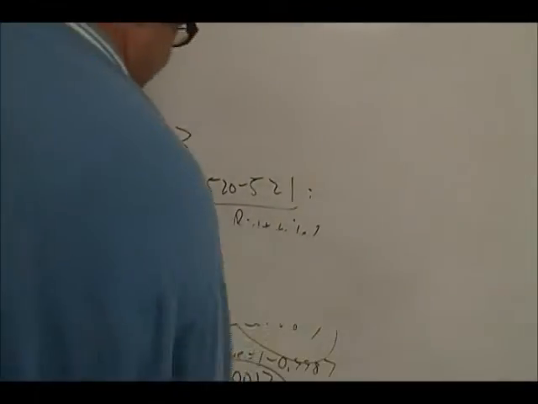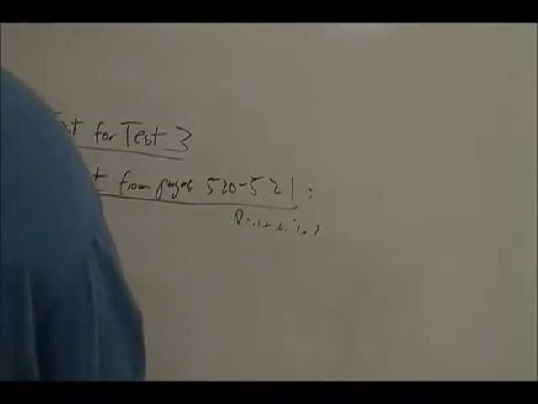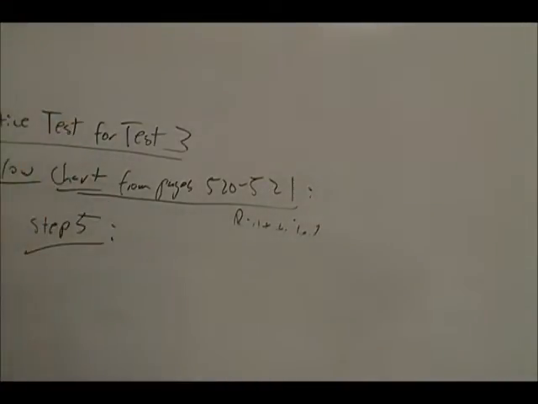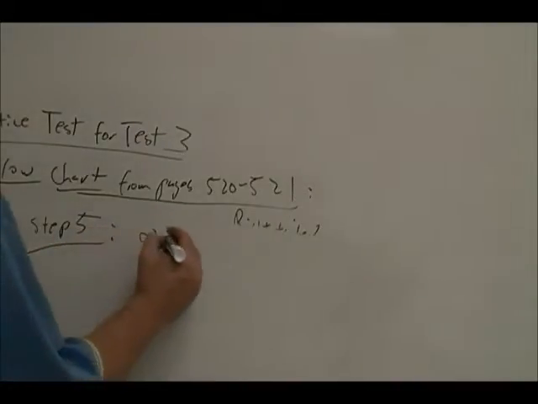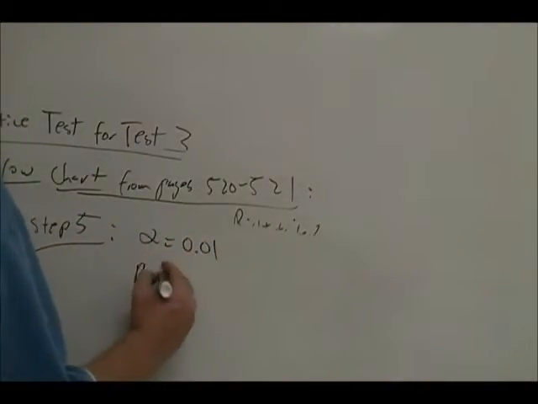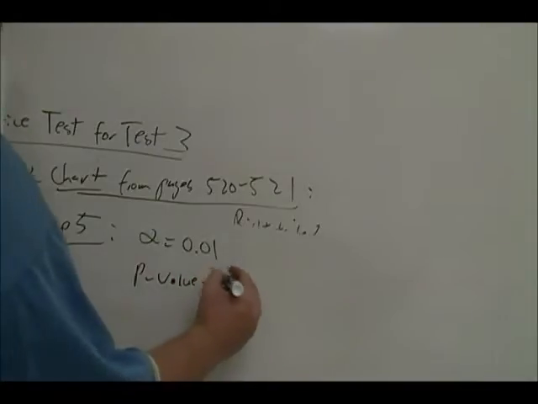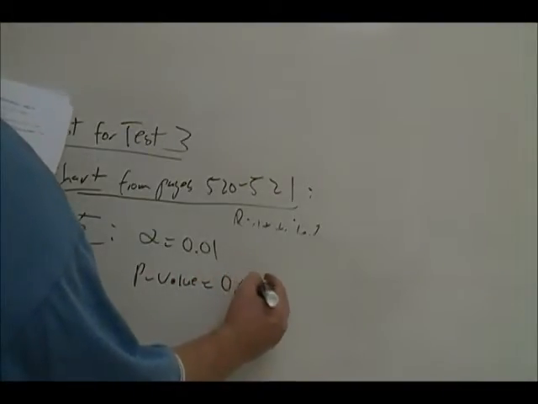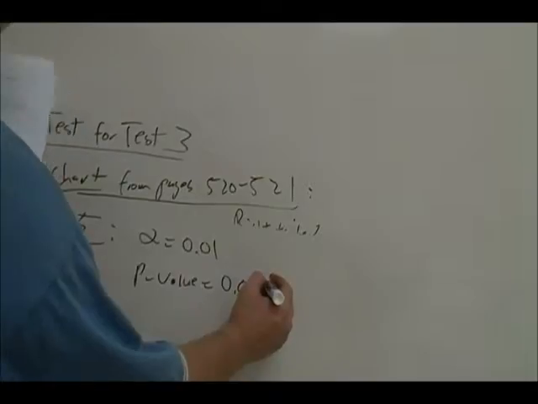Now, same step 5 as before. It says in step 5, same thing that it said in the last one. On page 521 it says, if your p-value was less than the given significance level, and our significance level was 0.01, our p-value came to be 0.0013.